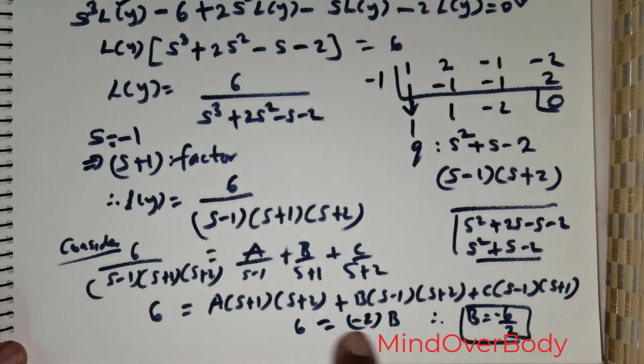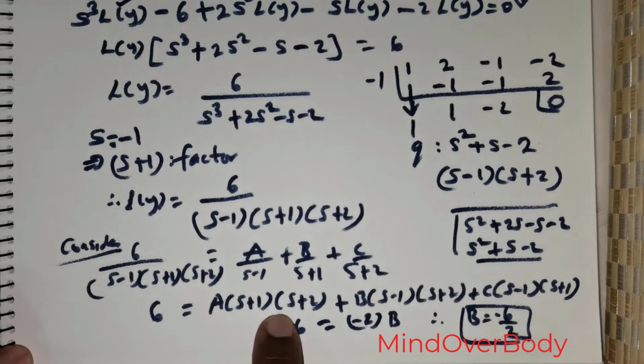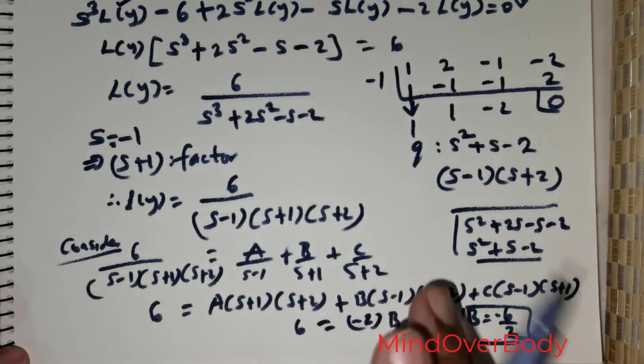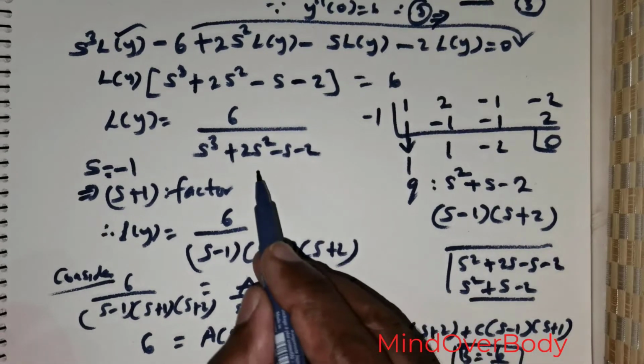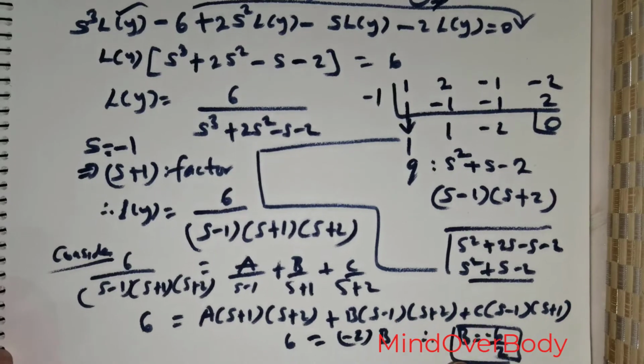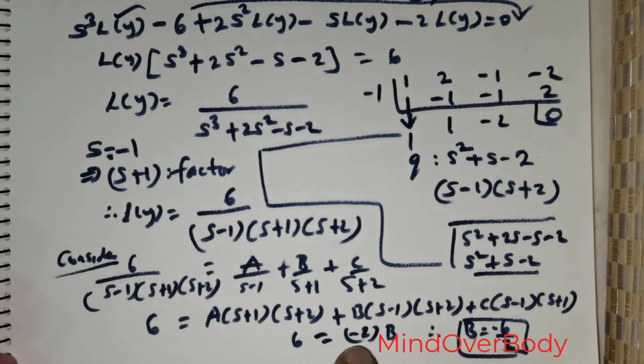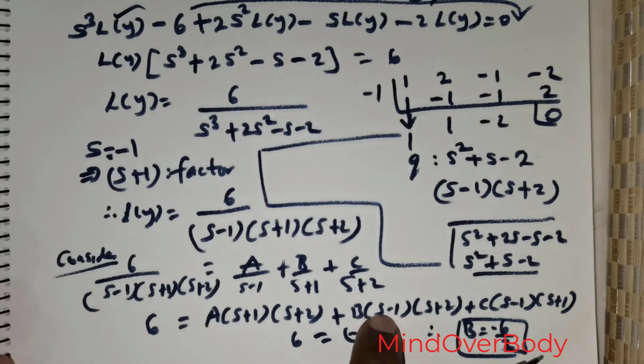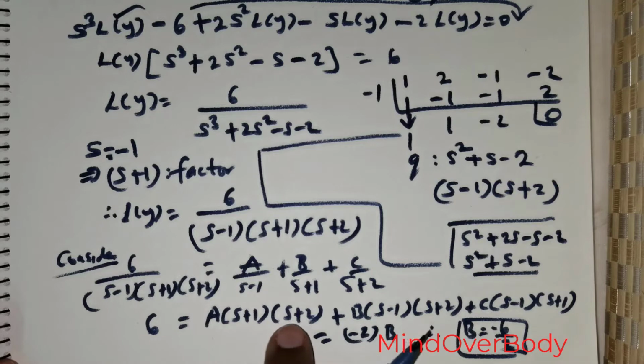Now similarly I need to find the value of a. If I substitute s is equal to 1, this will vanish, this will vanish, and this will stay. So 2 times, this is 2 and this is 1, so 3. 3 times 2 is 6, right?